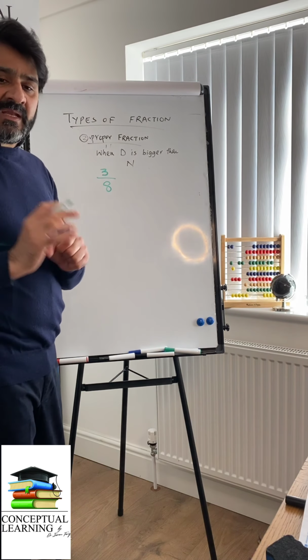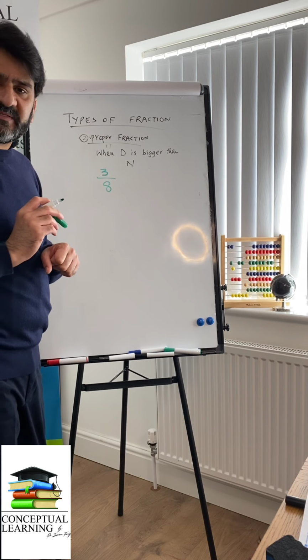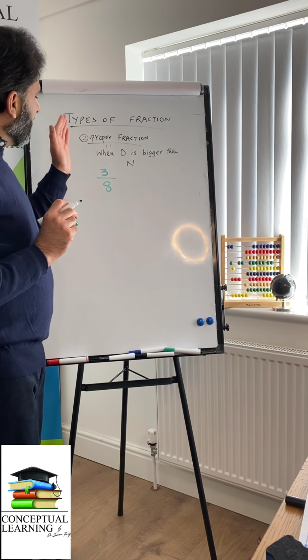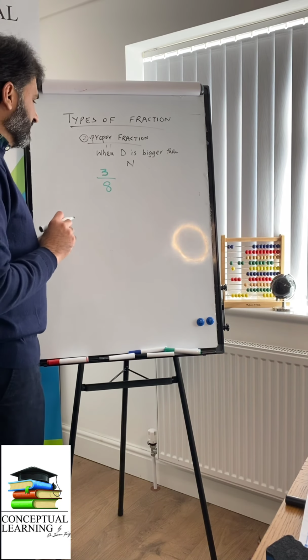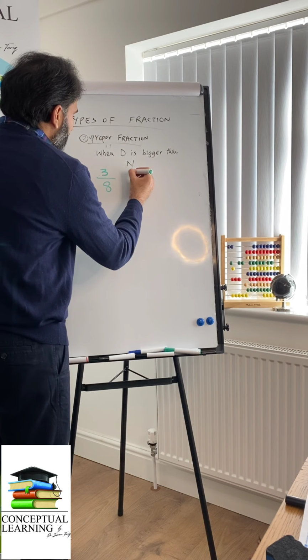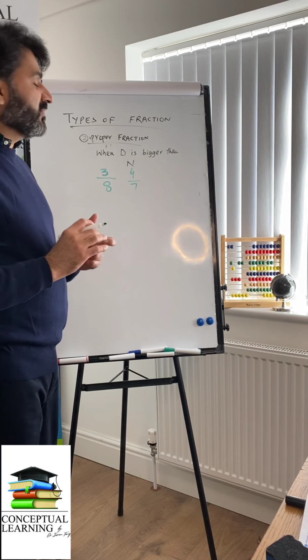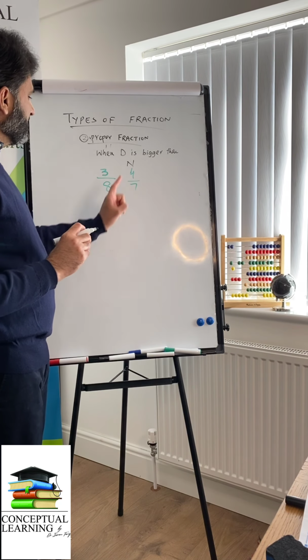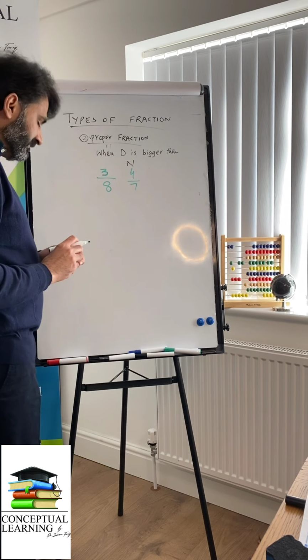So 3 in 8 is a proper fraction, because its denominator is bigger than the numerator. Then I can write here 4 in 7. This is a proper fraction. In this case the denominator is bigger than the numerator.